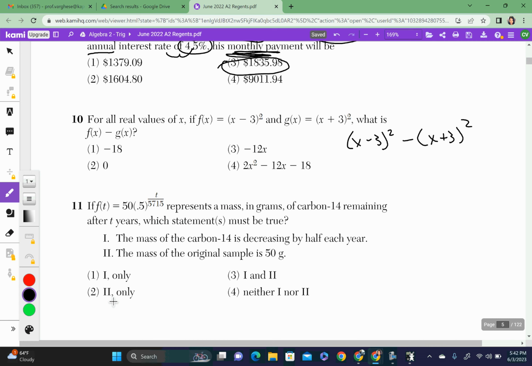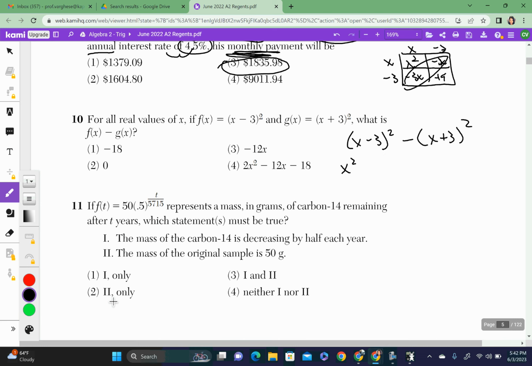So now we have to go ahead and distribute this out, or double distribute, FOIL. So we have x squared, right? Do box method here. So you should be doing this x minus 3, and x minus 3. So you get x squared, this is minus 3x, this is minus 3x, and this is plus 9.